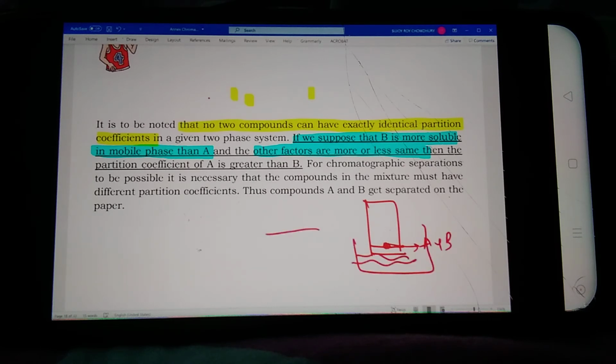After the development, since B is more soluble, it moves much further with the mobile phase. So B will be at the top, with the solvent rising from bottom to top in ascending chromatography, and A will be lagging behind.